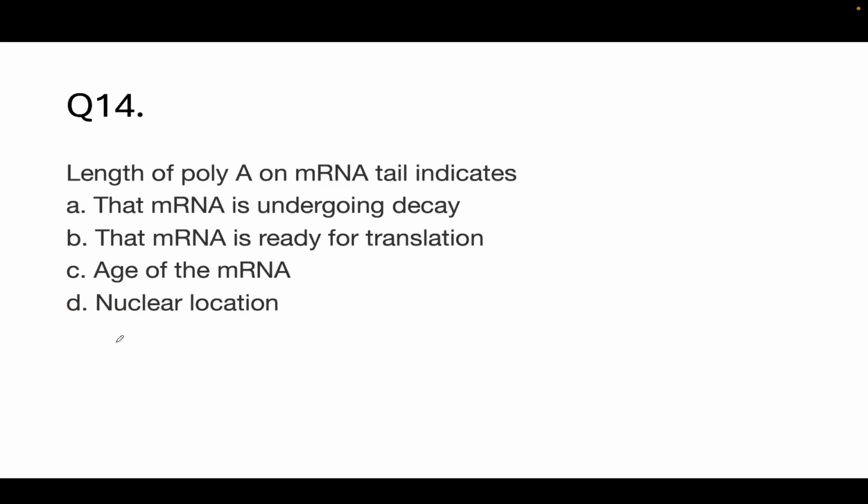This is the last question of today's session. The length of the polyadenylate chain, or the length of the poly A chain on mRNA, indicates that the mRNA is undergoing decay, that the mRNA is ready for translation, the age of the mRNA, or nuclear location.